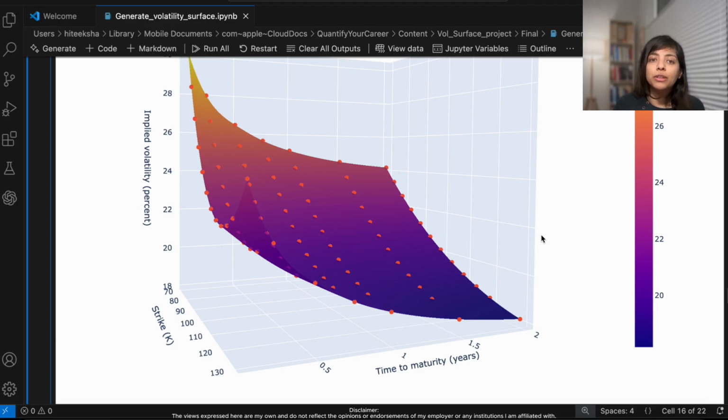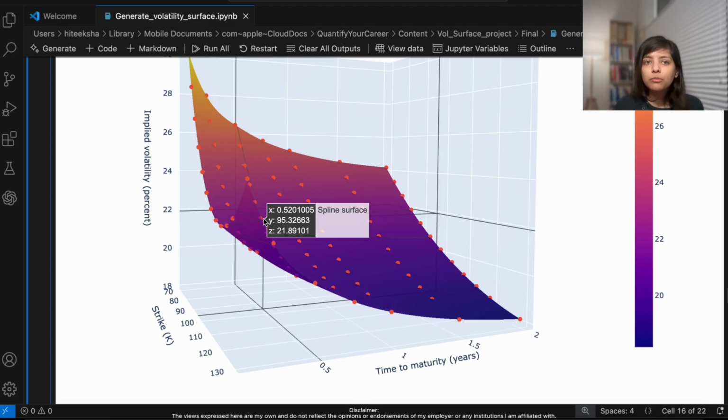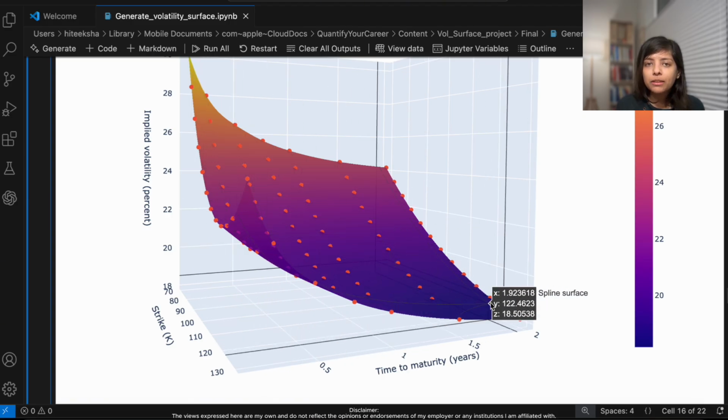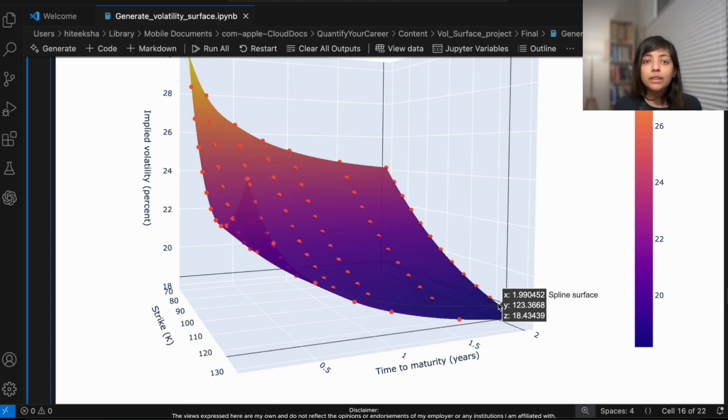And then you can also run scenario analysis. You can ask, what happens to my portfolio if short term volatility spikes by 5%, but long term volatility stays the same? Now, because you have a surface, you can shock different parts of it independently. You can backtest option strategies that roll positions over time.